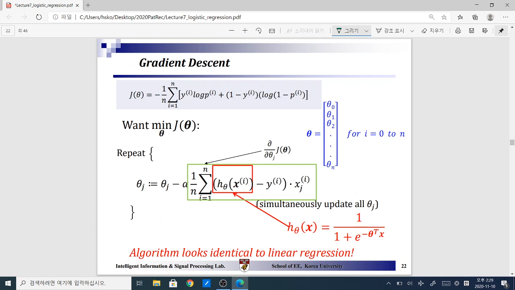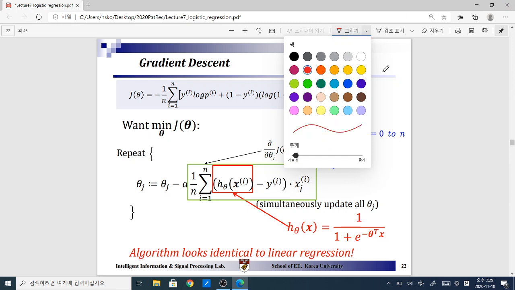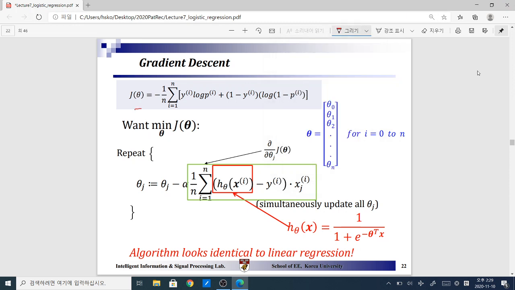Okay, so once again, let's summarize what we have done so far. So we have this error function. What we wanted to do is to minimize this error function with respect to theta. So this is how we can obtain theta, which is the parameter that we are trying to have this iterative process or this gradient descent process to converge.